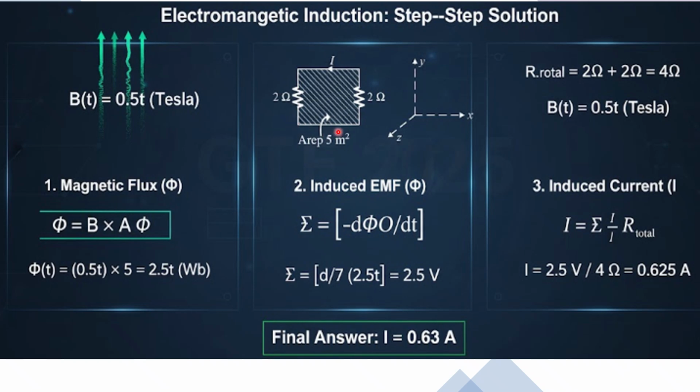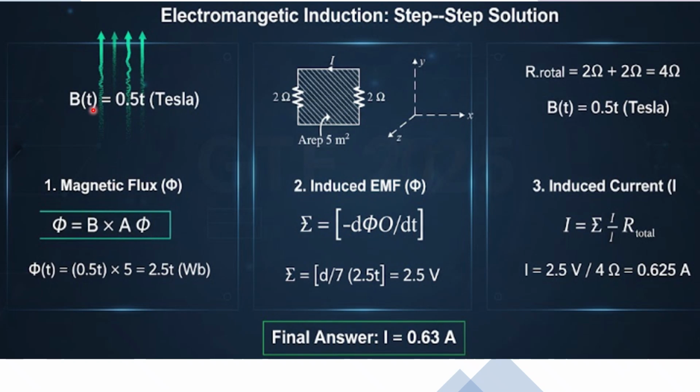Here you can see our target: to find the induced EMF, that is voltage. The induced voltage is nothing but d psi by dt, where d psi is the change in magnetic flux. So first find the flux. Flux is the magnetic field multiplied by the area.